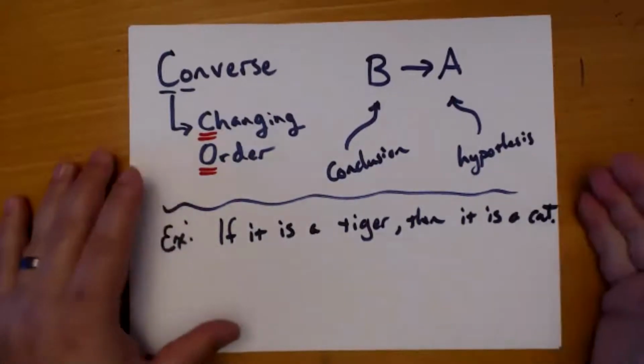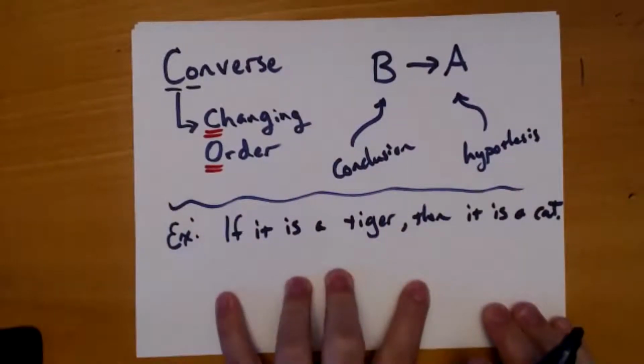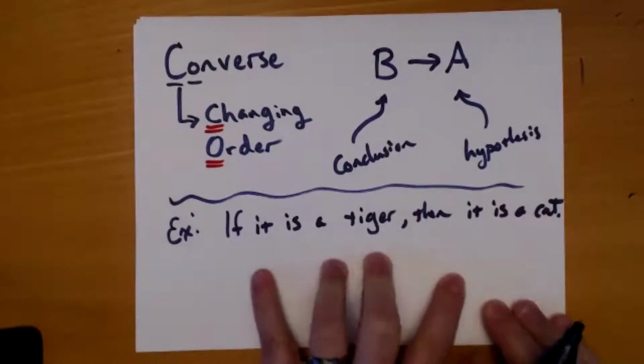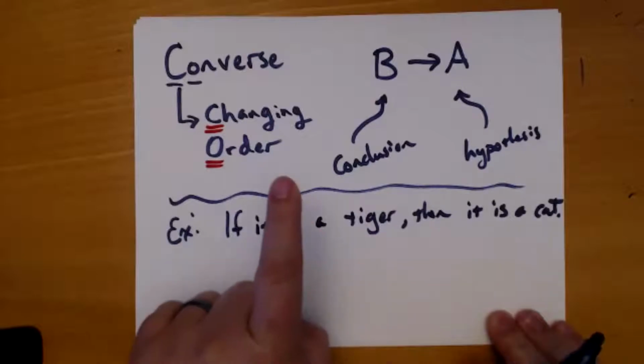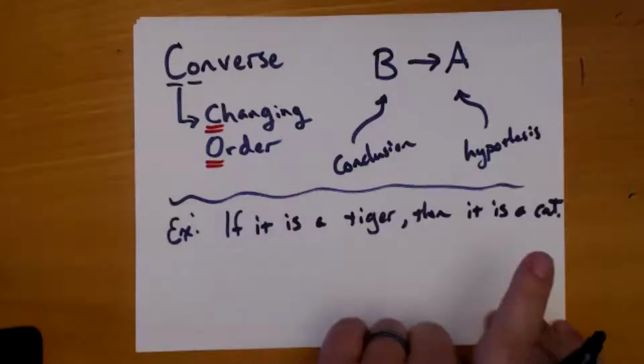Okay, so do you believe this sentence? We've talked about a sentence like this the other day. So do we agree that this sentence makes sense? If you're pointing to a tiger, then you are automatically pointing at a cat. Is that correct?